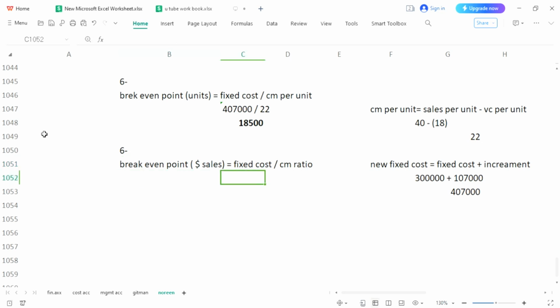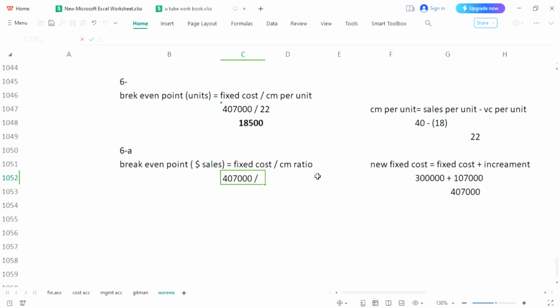Fixed cost has already been calculated in this sixth part. This is your sixth A, and in the sixth part we have already solved fixed cost: 407,000.